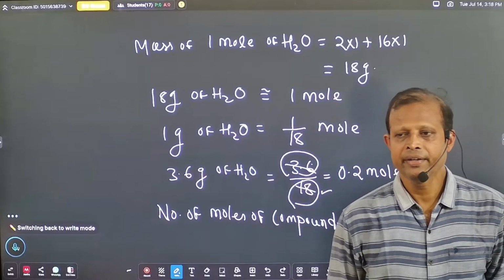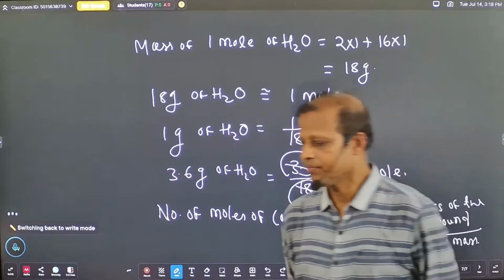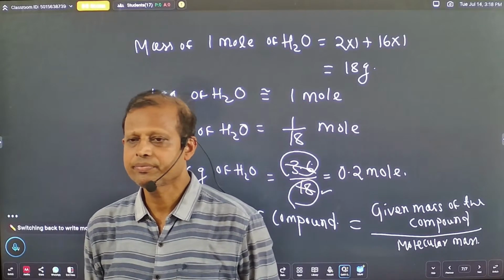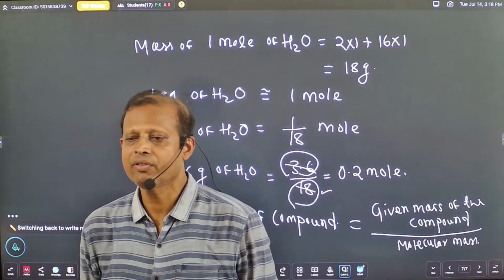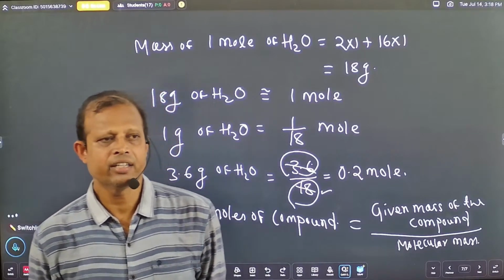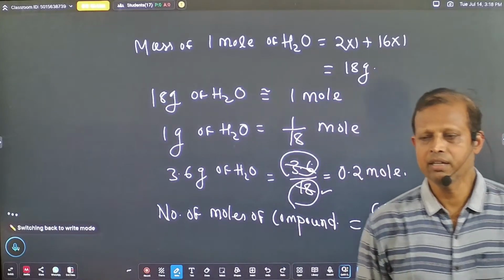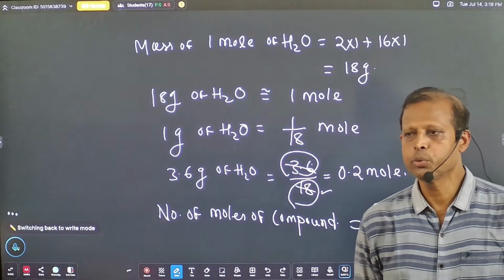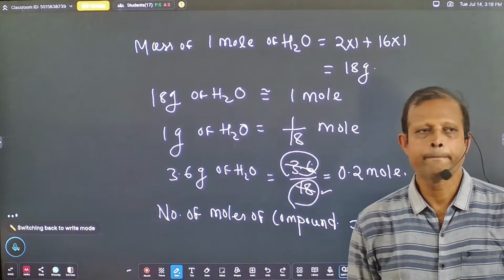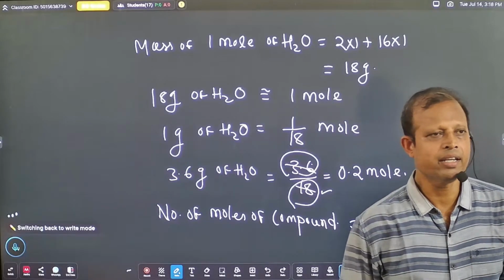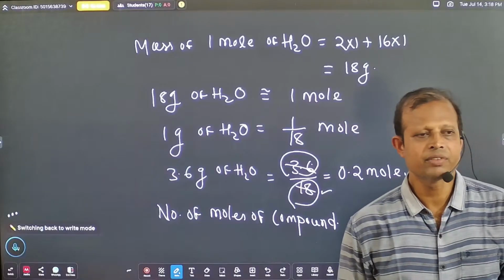Find the number of moles present in 14 gram of N2.